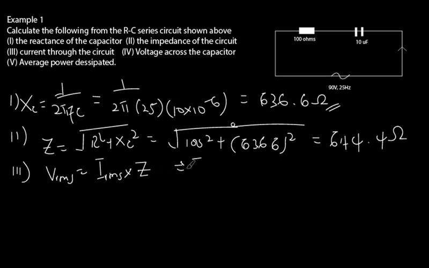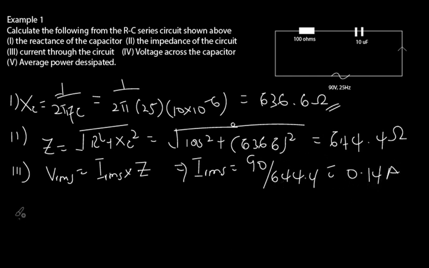So our current will be equal to the voltage, which is 90 volts, divided by the impedance, 644.4. This will give us 0.14 amperes.